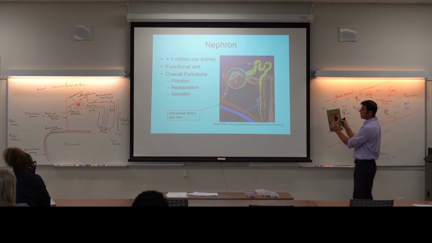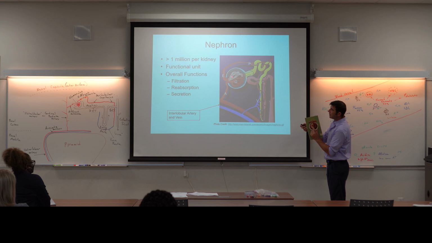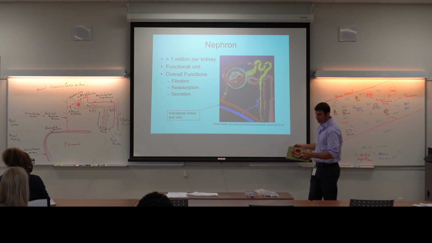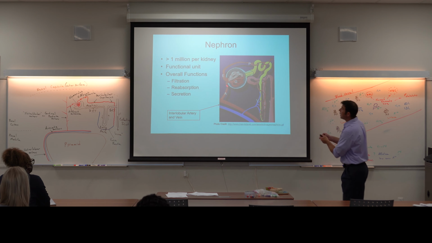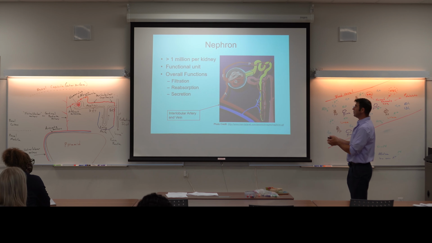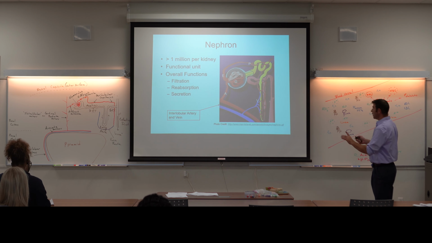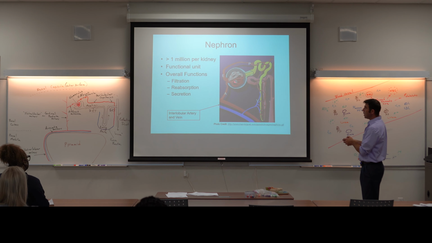And then the other half, you can see it's covered up by these cells that we're going to call podocytes. We're going to see that they make up the visceral layer of what we're going to call the glomerular capsule or Bowman's capsule. The glomerulus is surrounded by a capsule of epithelial cells.